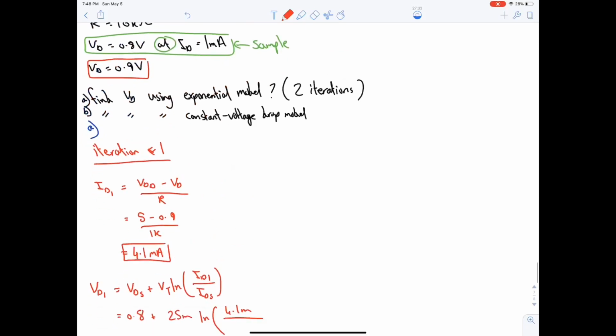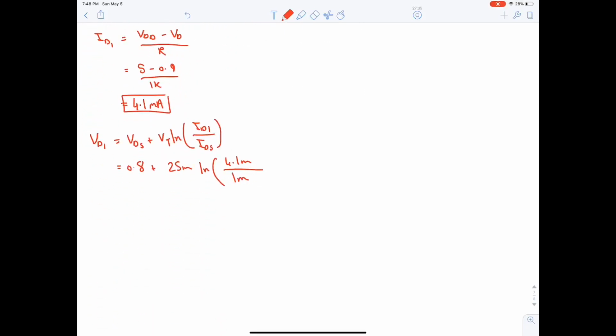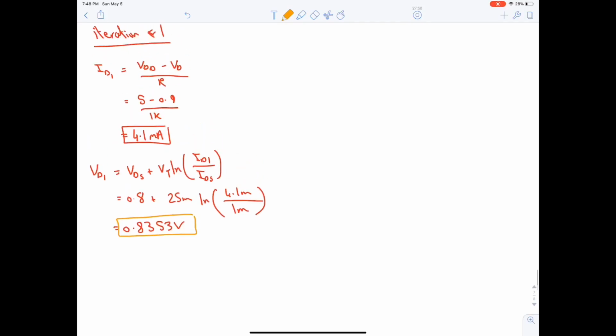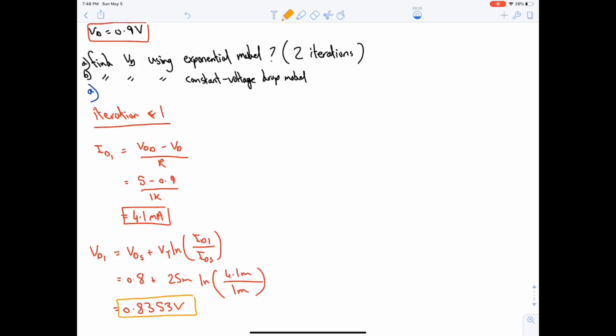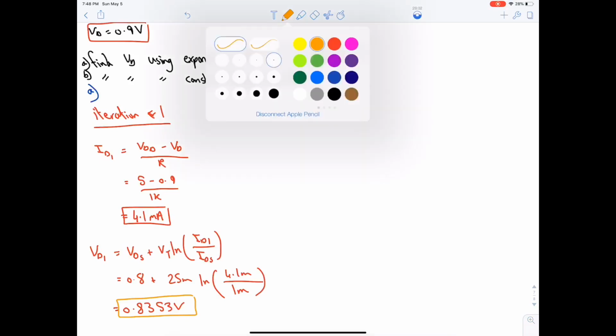IDS is 1 milliampere. I did not calculate it previously, so I'm doing it right now, plus 0.8. This will give us 0.8353 volt. Now, let's do the same thing for iteration number 2.